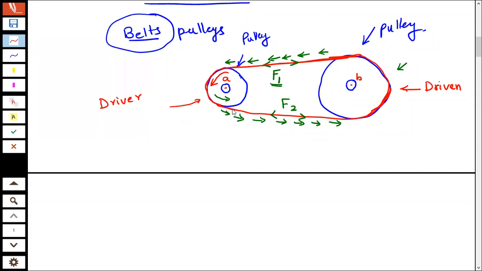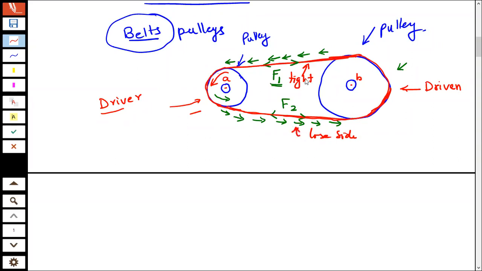But it is only the case when this one is the driver and the direction of rotation is as we have mentioned. So this means that we have a tight side and a loose side.